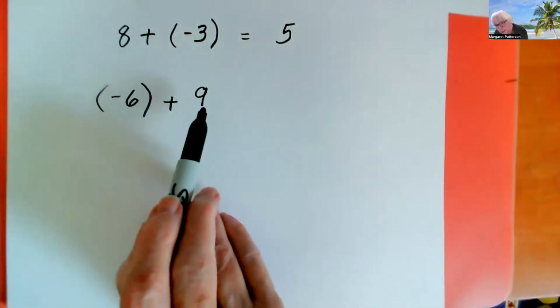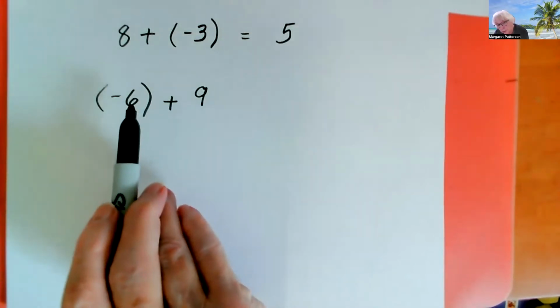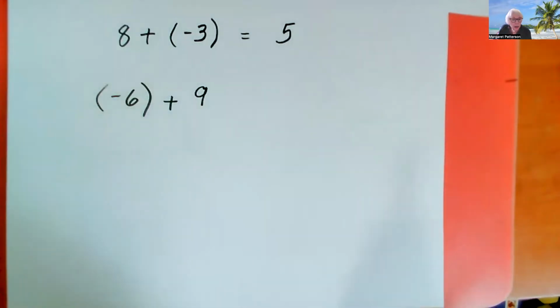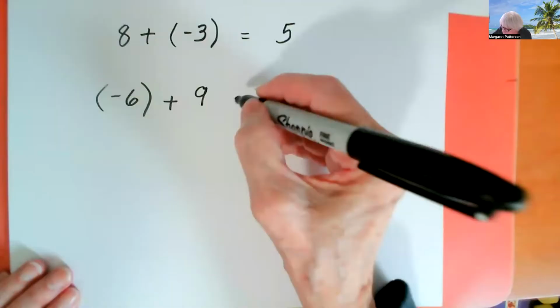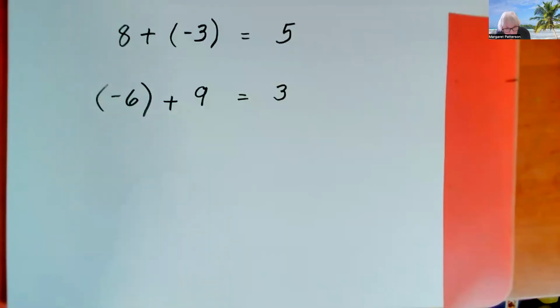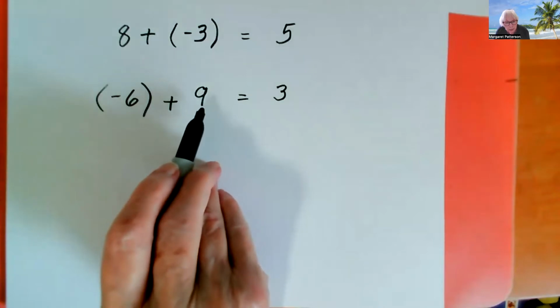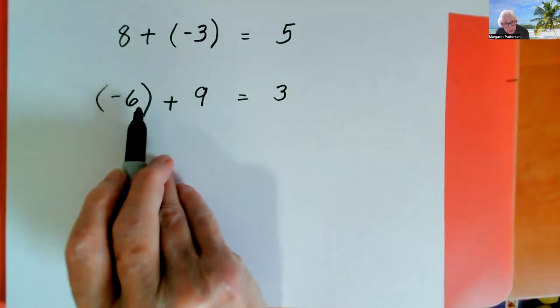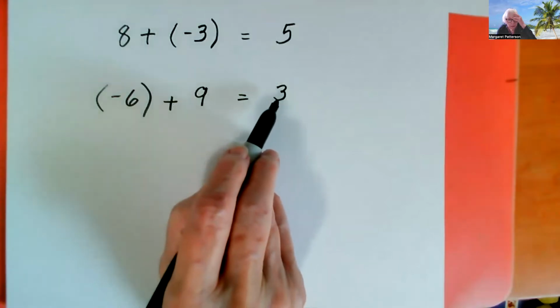One is negative, one is positive. So what you do is you subtract the absolute values. 9 take away 6 is 3. And what you have to decide now is, is it a +3 or a -3? How do you tell? Well, the 9 is the bigger number, and so you have 9 to the plus, only 6 to the minus, and so it's definitely +3.